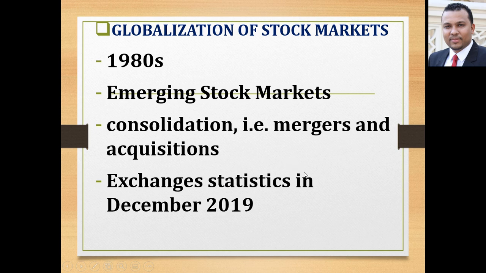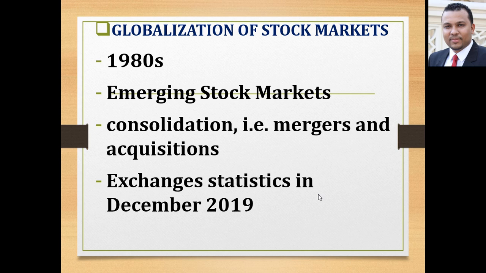Exchange statistics in the year 2019 about international stock markets. Number one, market capitalization in the year 2019 equals 89.3 trillion US dollars.